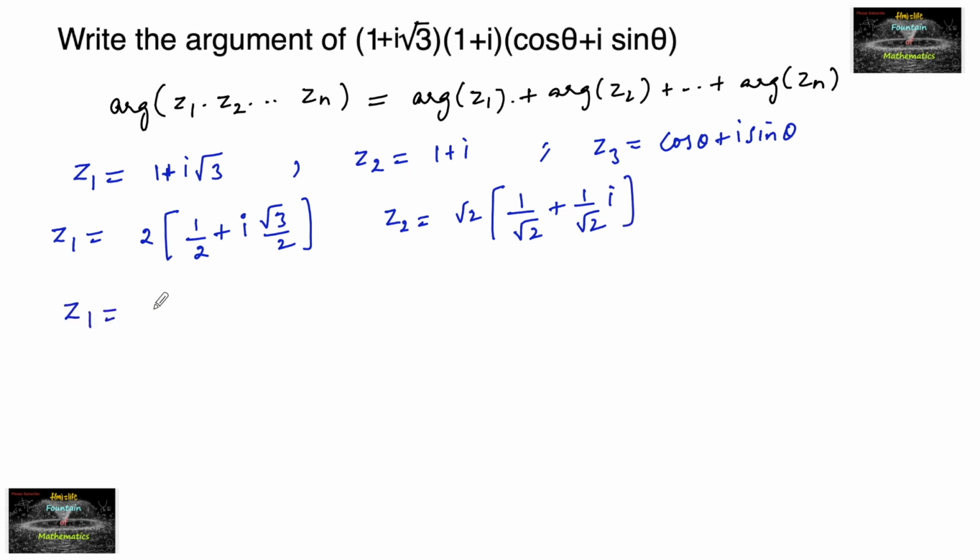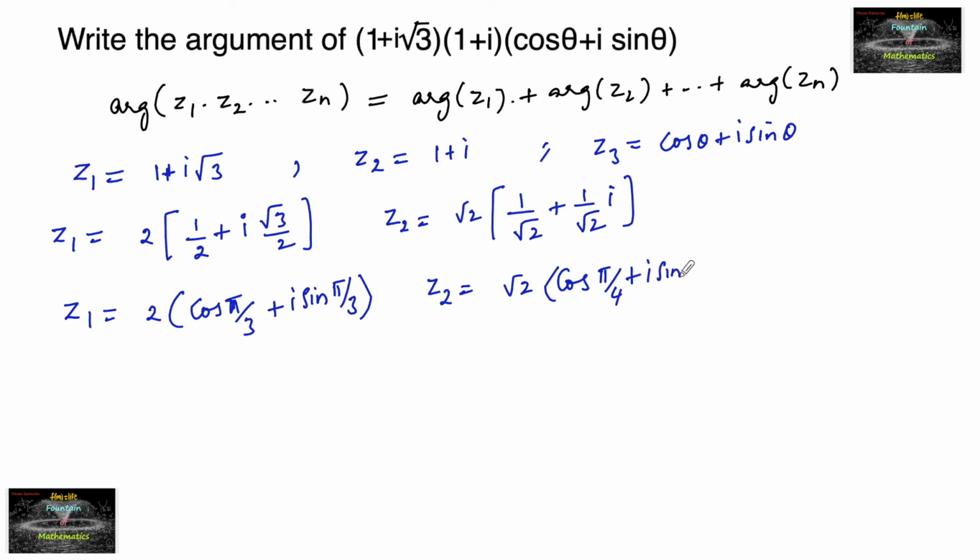So z1 we can write as 2 times (1 by 2 and root 3 by 2), and we can find the angle: cos 60 degrees and sin 60 degrees. So we can write it as cos pi by 3 + i sin pi by 3, and for z2 we can write root 2 times (cos pi by 4 + i sin pi by 4), and clearly we can say the argument of each complex number.